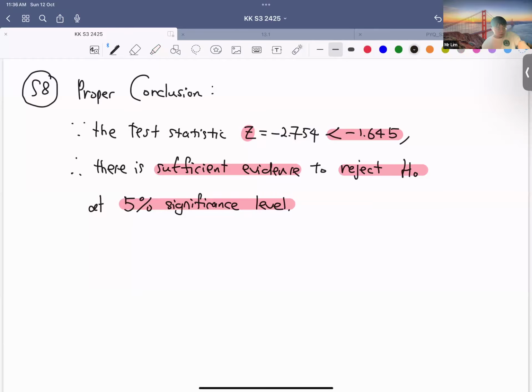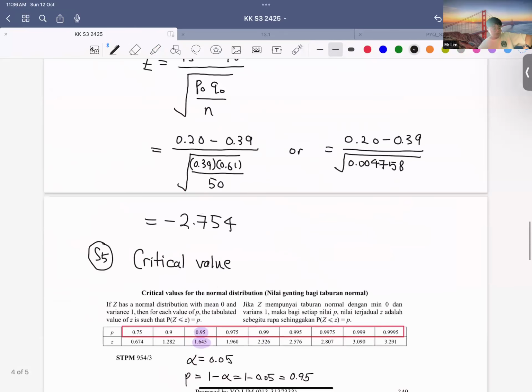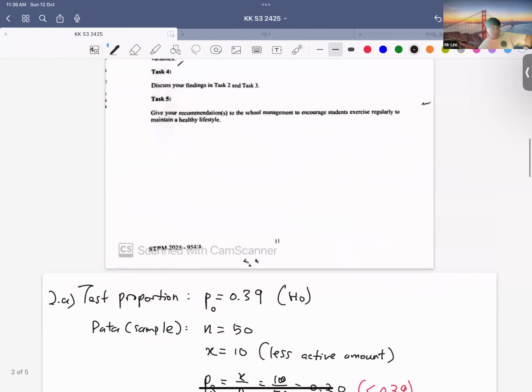Okay. So now we can make another last conclusion, a situation conclusion. That means that you link back to your situation to make another conclusion. What kind of situation is here? So what can we say about this?